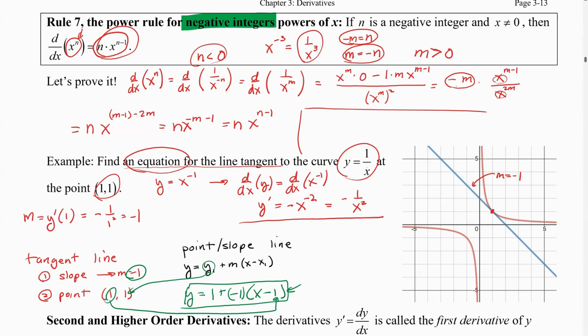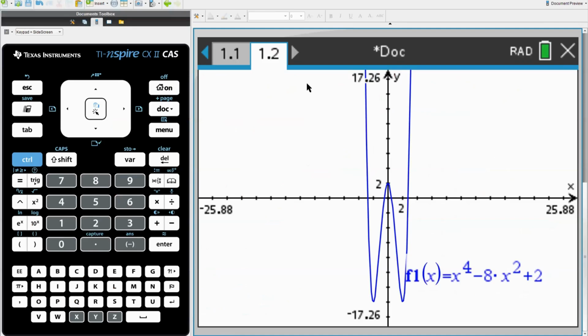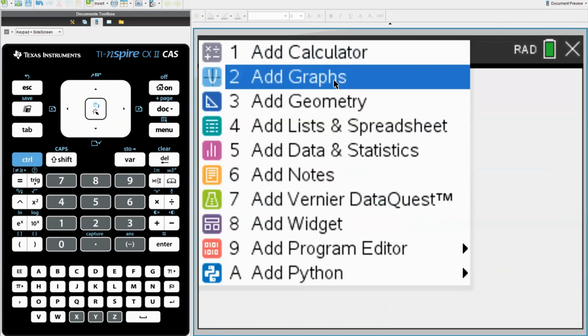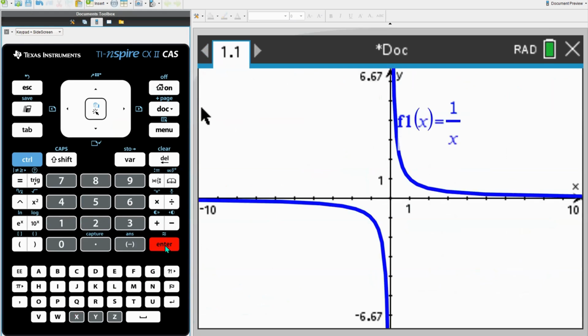And what I'm saying is, if I put that equation into the graphing window, I'll see that tangent. You know what? Why not? Let's just do that. Here we go. I'm going to get rid of the earlier work. I'm going to start a new graph. I think our function was 1 over x. Yep, that looks like that hyperbola.